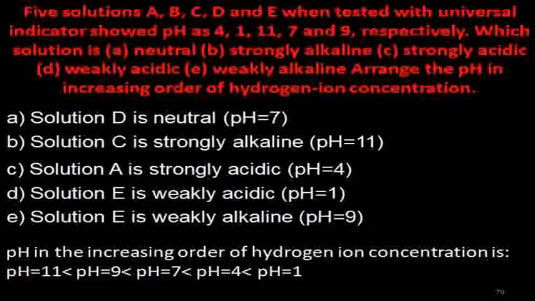That is 11, 9, 7, 4, 1. So as the pH number decreases, acidic nature increases. So hydrogen ion concentration increases.